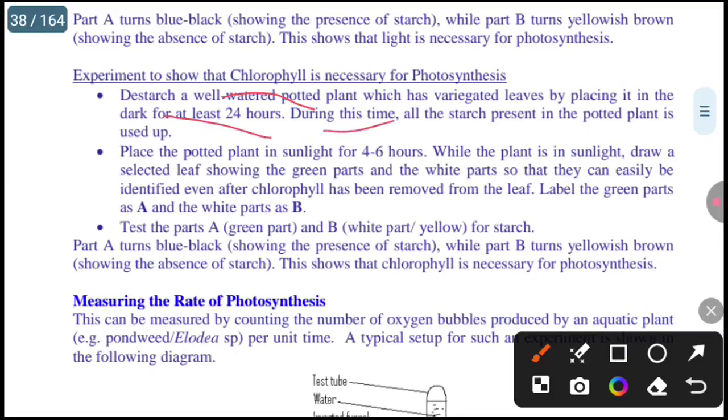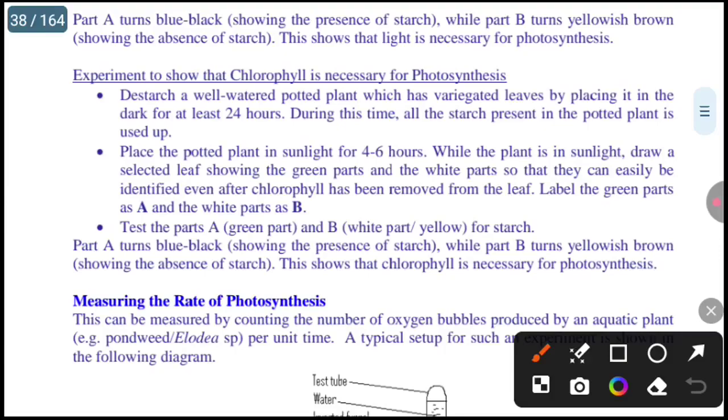During this time, all the starch present in the potted plant is used up. Just like in the other experiments, place the potted plant in sunlight for 4 to 6 hours. While the plant is in sunlight, draw a selected leaf showing the green parts so that they can easily be identified even after chlorophyll has been removed from the leaf.